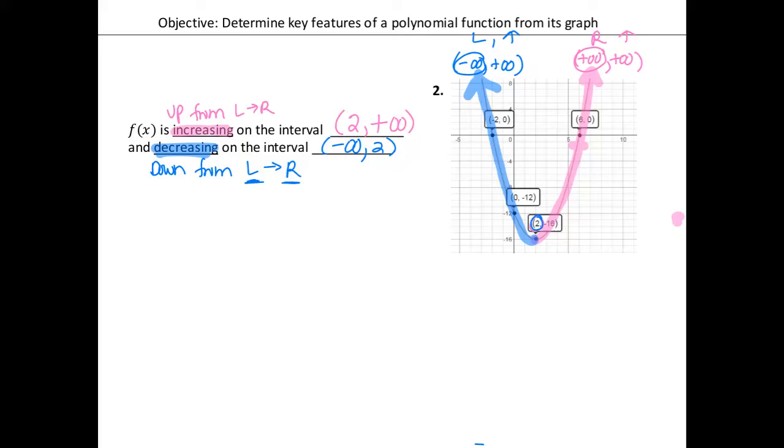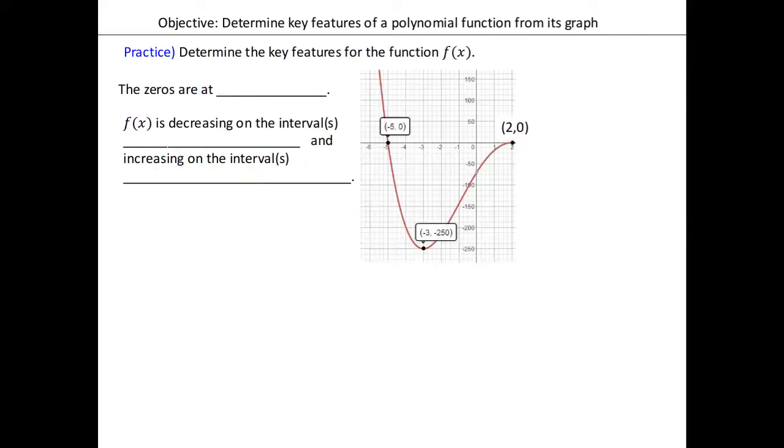All right, so now I want you guys to practice with this next example, but again, this is not on your paper. The zeros here, you guys told me it was negative 5, 2, and 7, but I cut off the rest of the graph here, so just negative 5 and 2. When is the function decreasing?